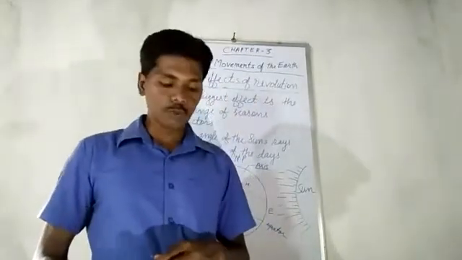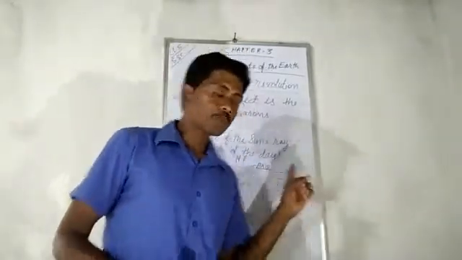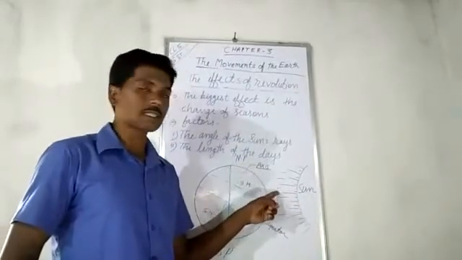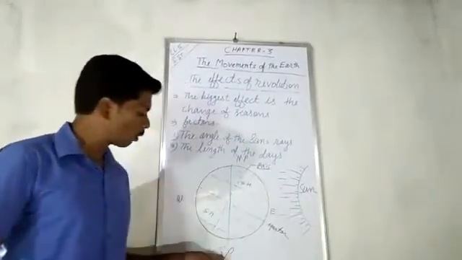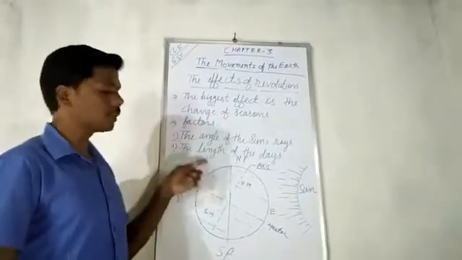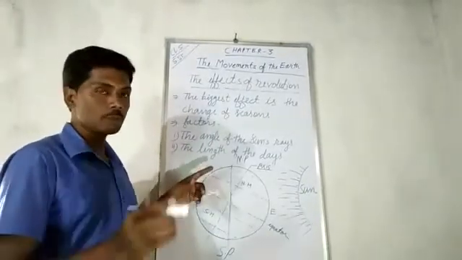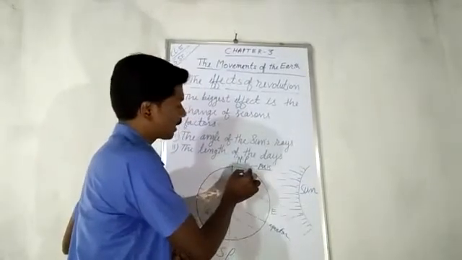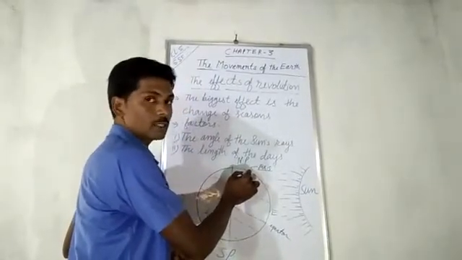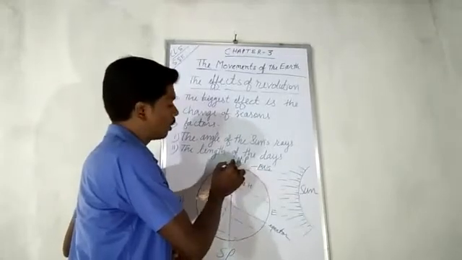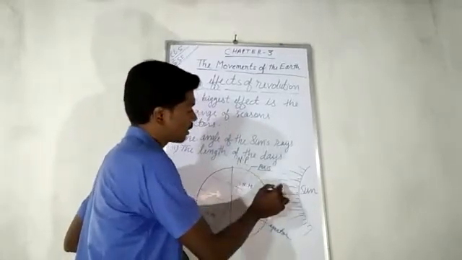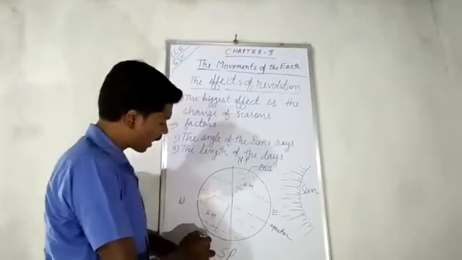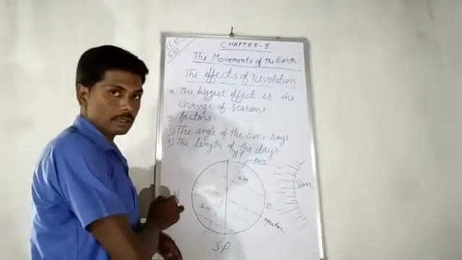In the month of June, the North Pole is tilted towards the sun and the South Pole is tilted away from the sun.